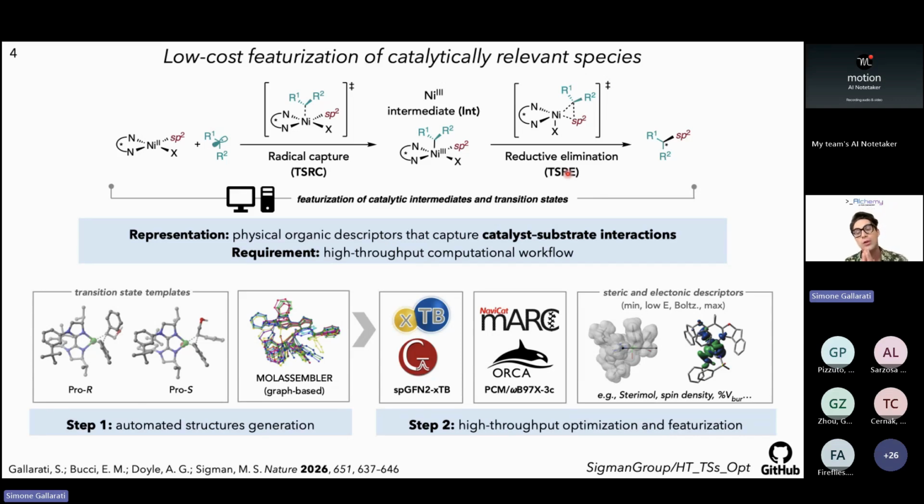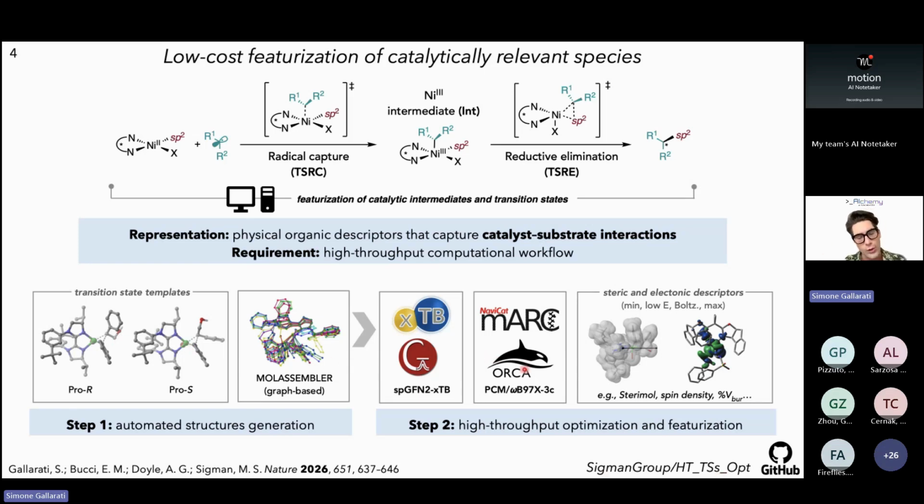Now, of course, to be able to do this, we need to have access to a computational workflow, a pipeline that gives us access in a reasonable time frame to these fully optimized structures and their corresponding features in a way that is compatible with high-throughput screening. And this is the workflow that we have developed.